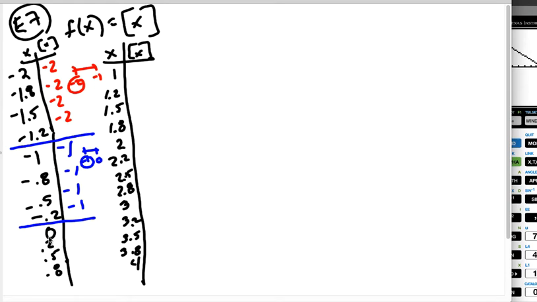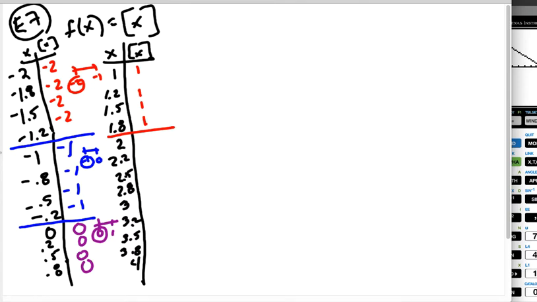But then if you look at the next step, 0 is going to round down to 0 because it's already an integer, and all of these numbers are also going to round down to 0. Again, these are all numbers between 0 and 1, so they would all round down to 0, right? And you're probably starting to picture the pattern here, right? All of these numbers from 1 up to 1 point anything are going to round down to 1.